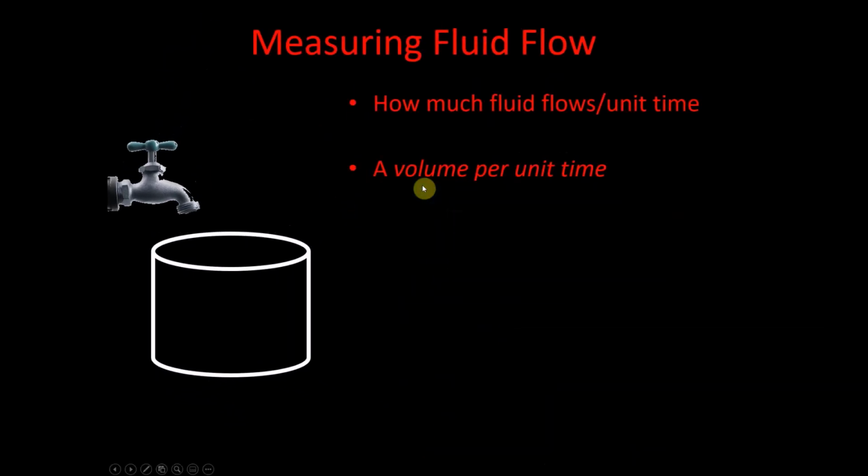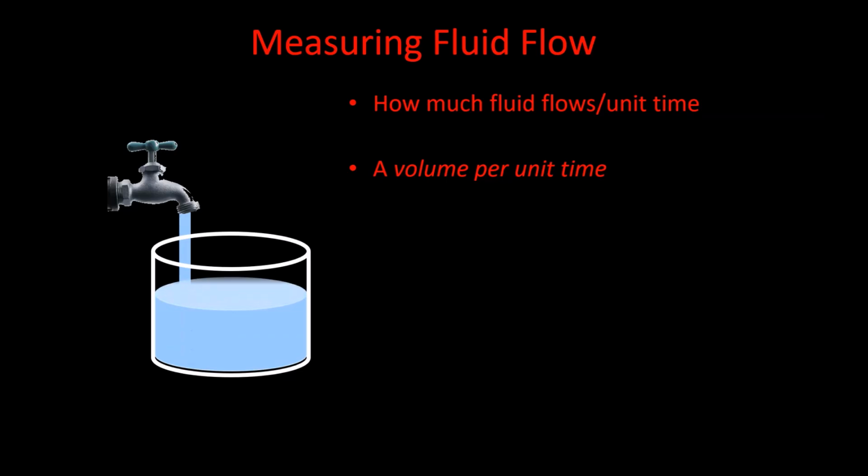So we're really looking at how fluids flow. And if we're talking about quantifying fluid flow, then we really have to look at this in terms of volume per unit time. Quite often, if you look at a water metering system, these tend to be expressed in gallons per minute, GPM.